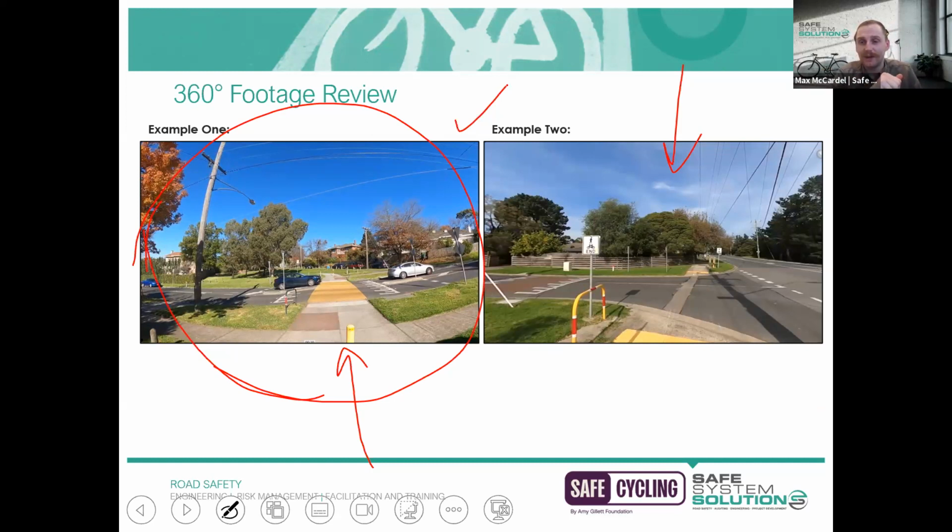So shared path users are able to cross there with priority, and they don't need to worry about stopping and giving way to vehicles, as opposed to example 2, where the shared path just ends and there's an expectation that cyclists will have to pick a gap in traffic and cross over there because motorists have right of way. So we certainly love to see our conflict points raised and also priority awarded to our vulnerable road users or our shared path users. So good to see that that is the overwhelming majority there.